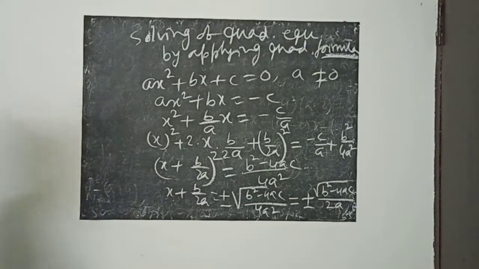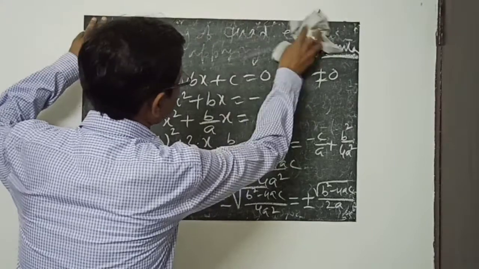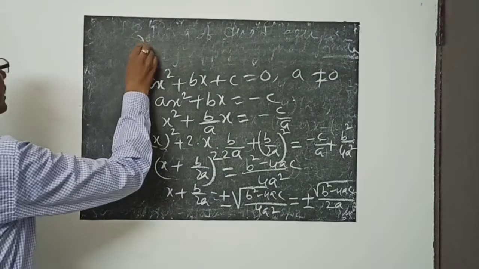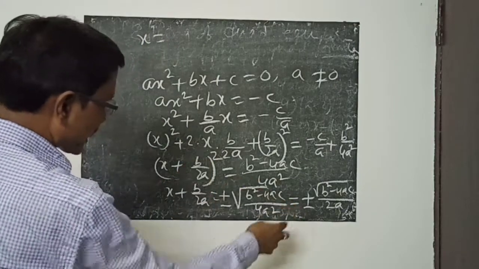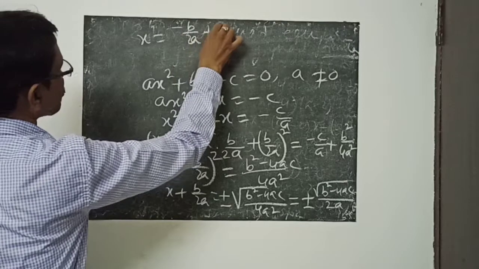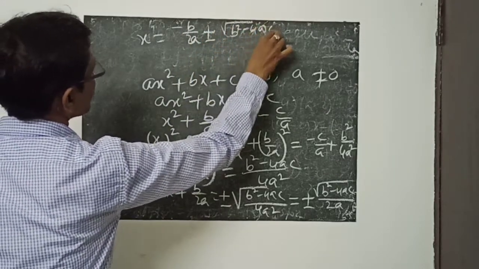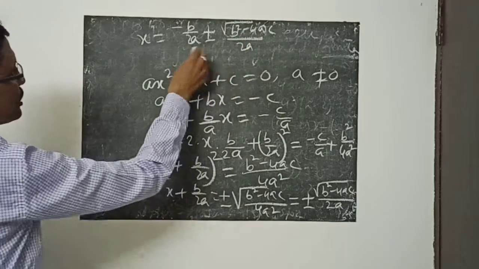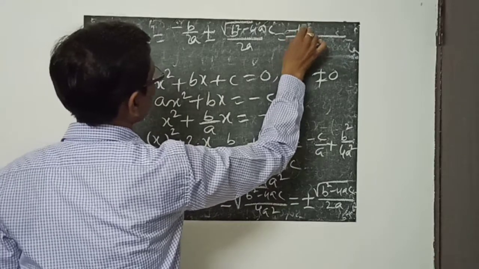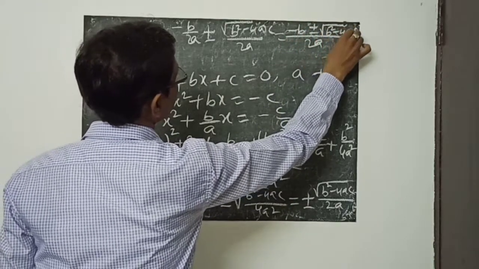So x plus b by 2a is equal to this. After that, you can take b by 2a to the other side, so you will get x equal to minus b by 2a plus minus root under b square minus 4ac by 2a. Or, with 2a as the LCM, x equals minus b plus minus root under b square minus 4ac, all over 2a.